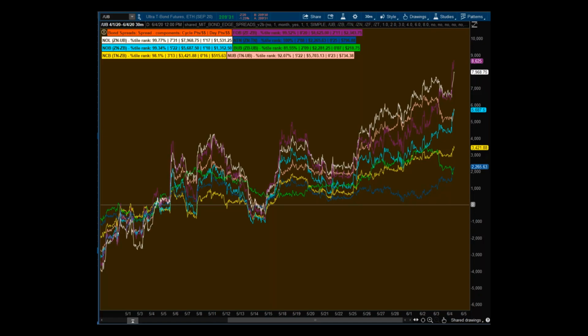So the idea is, if the entire yield curve is steepening, it's probably fair to assume that everything is steepening within the yield curve. So if there are individual points within the yield curve that aren't necessarily moving in the same direction, those could present opportunity.